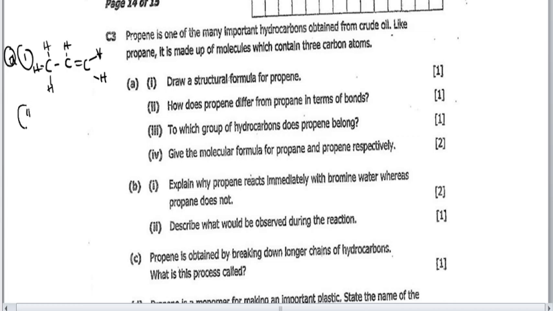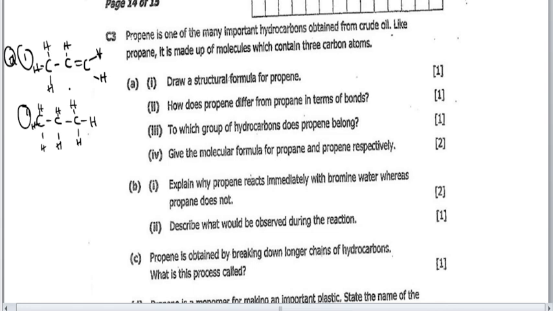This is propane. Propane has got all single bonds between the carbons, but propene has got at least a double bond. So that's a difference in terms of bonds.